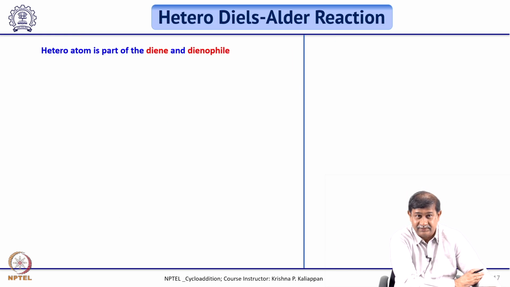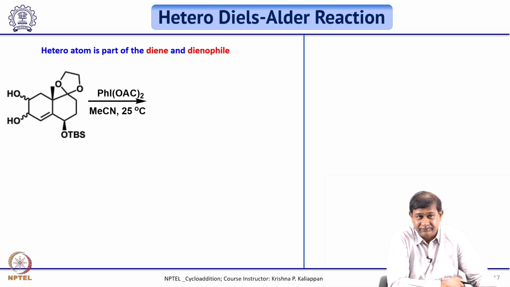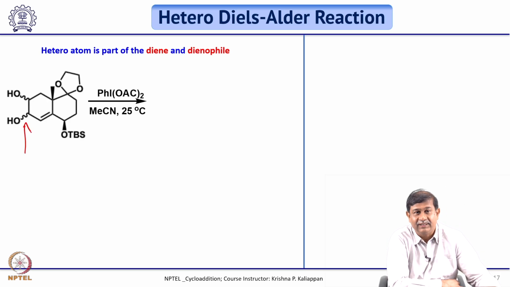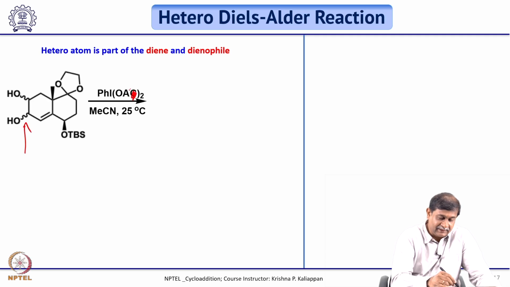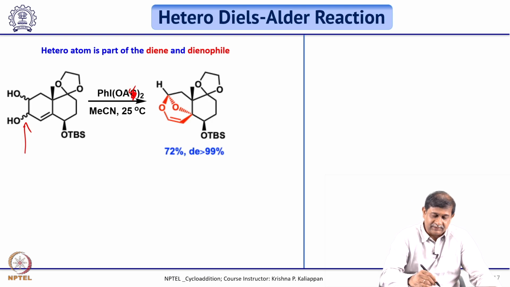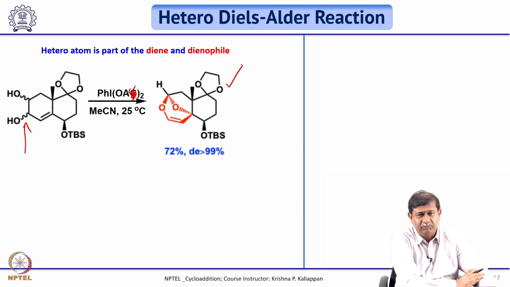Sometimes, as I said, in the hetero Diels-Alder reaction, your diene as well as dienophile can have heteroatom. Okay. One such example is if you have a diol like this, then this upon treatment with periodinane reagent, it gives this very interesting tricyclic compound.